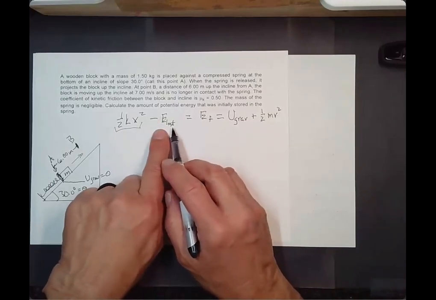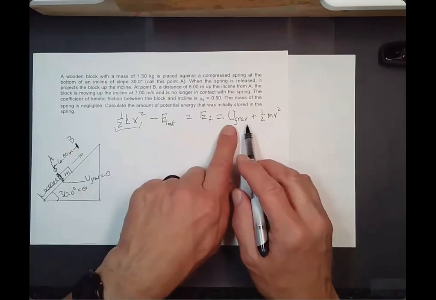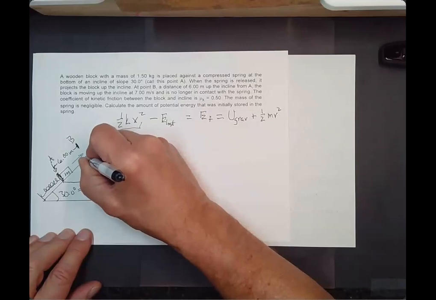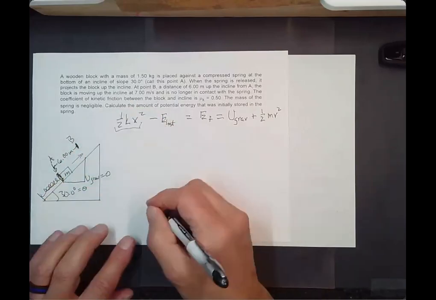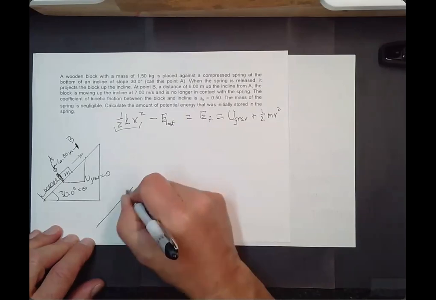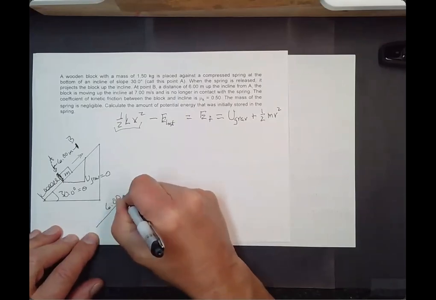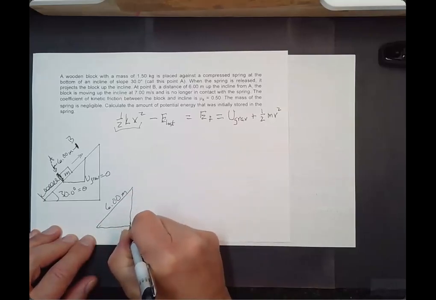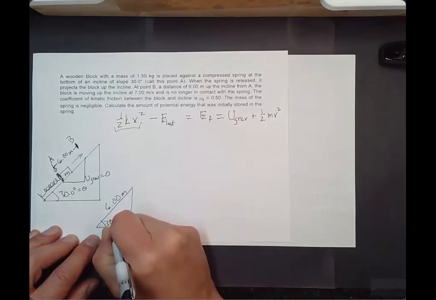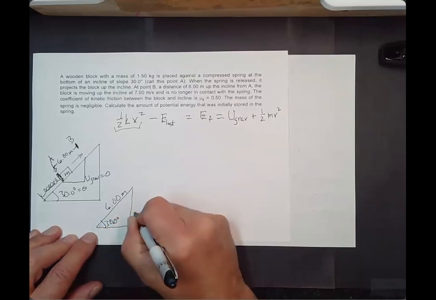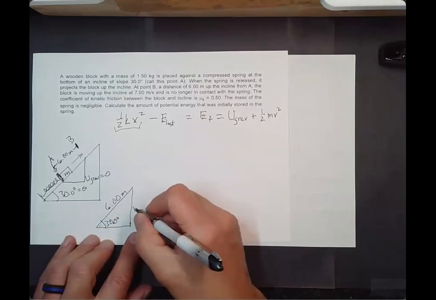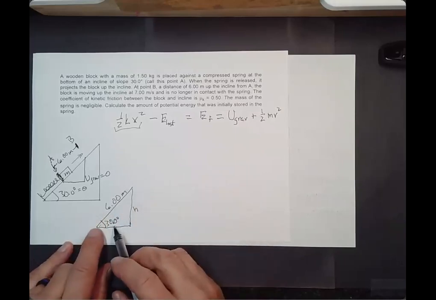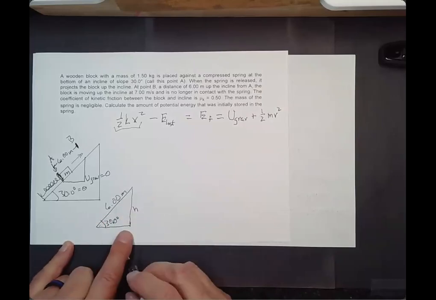The complicated part will be finding the energy lost and also the gravitational potential energy. But that one's not so bad. If it's 6 meters up the hill there, if this is 6.00 meters and it's a 30-degree angle here, well, this height that it moves up there, h over 6.00 meters is going to be the sine of 30 degrees, opposite over hypotenuse.